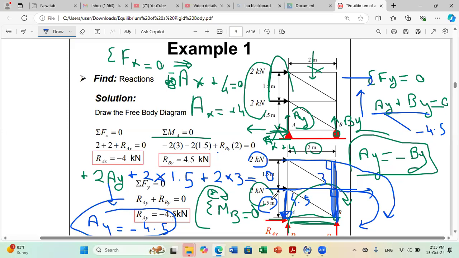If not, you can update ay on your figure, put it down, and since upward direction is positive and my force is downward, I put minus the value of my force. So minus 4.5 plus by equals 0. Of course, at the end, you will get the same result for by. So by is plus 4.5. In this way, I have solved for my 3 unknowns, ay, ax, and by.